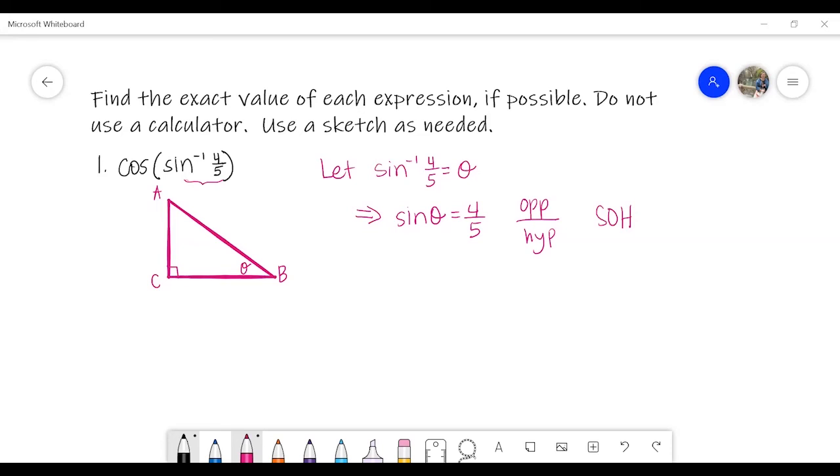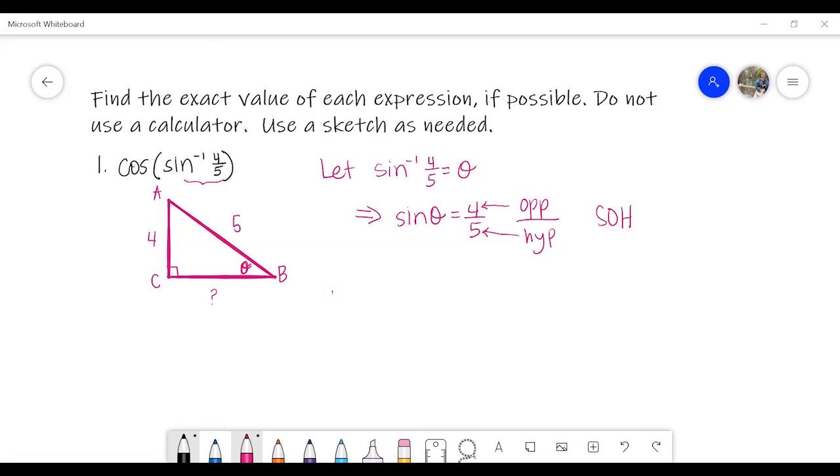So because this is opposite over hypotenuse, this is telling us the number values for each of those pieces. The opposite side from theta's location over here is 4, and the hypotenuse is 5. So the only other thing we may need to find, potentially, is this side right here.